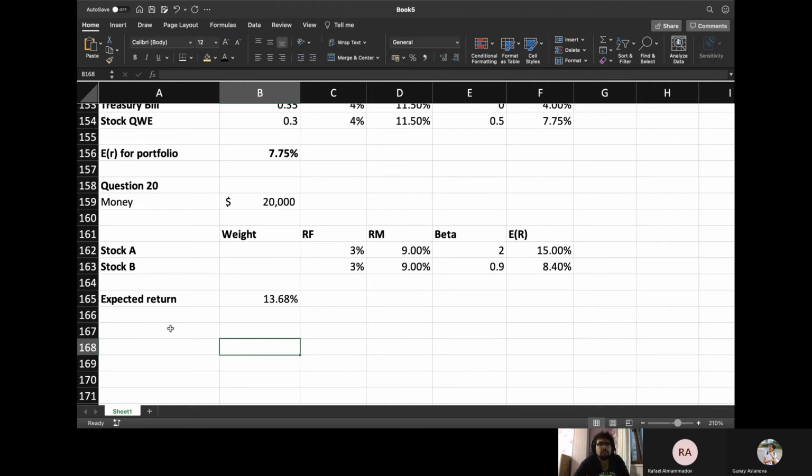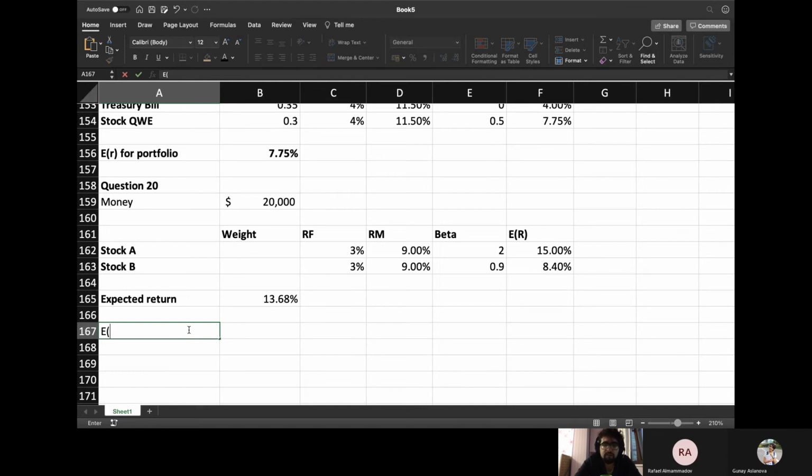We know the expected return formula, guys, look here carefully.